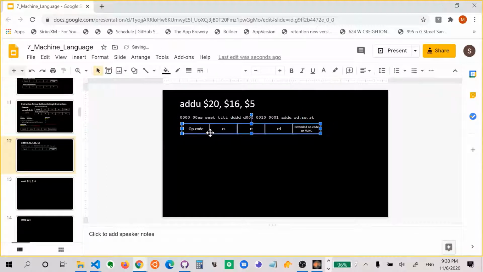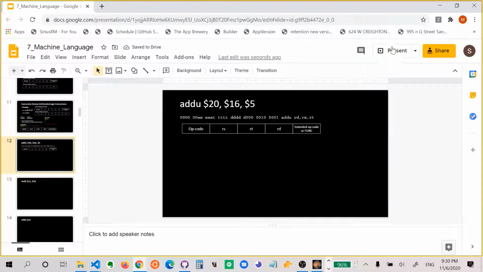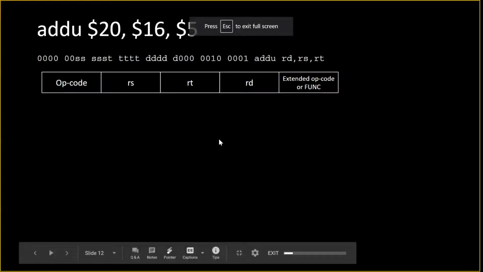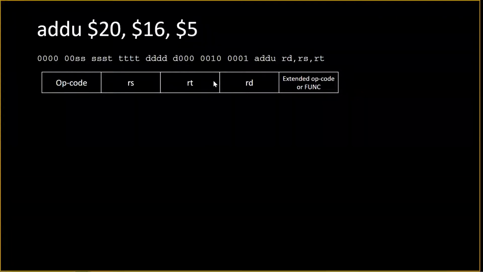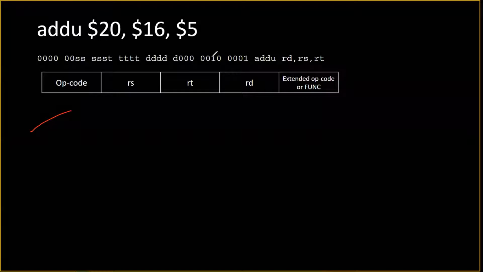So basically the first step before converting is to understand what instruction you're converting. Because if you remember from the beginning of the chapter, we had R format, I format, and J format, so different formats for these instructions.